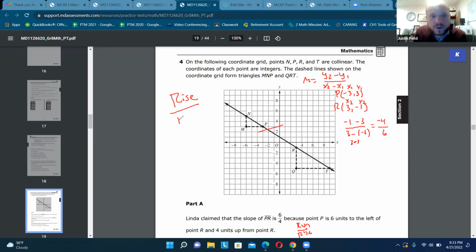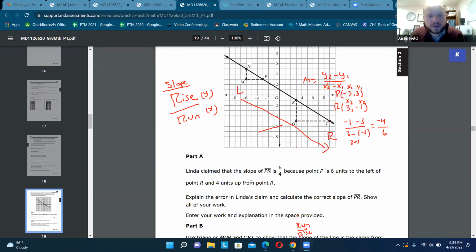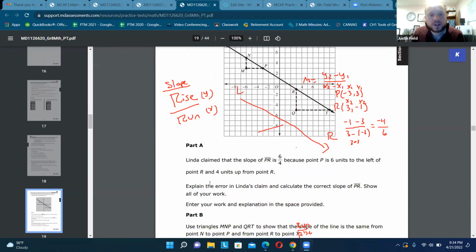That is the slope, the change in Y over change in X. Second thing Linda did is she has a positive slope, but we see the line is going down from left to right. So it's negative. So there are two errors there. Explain the error, calculate the correct slope, show all of your work.